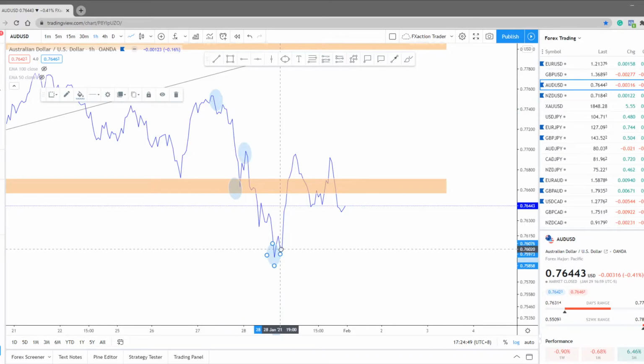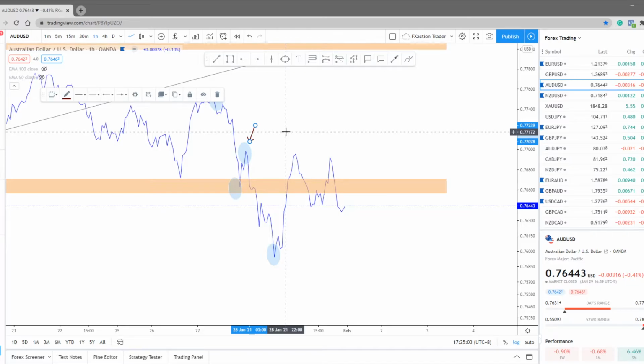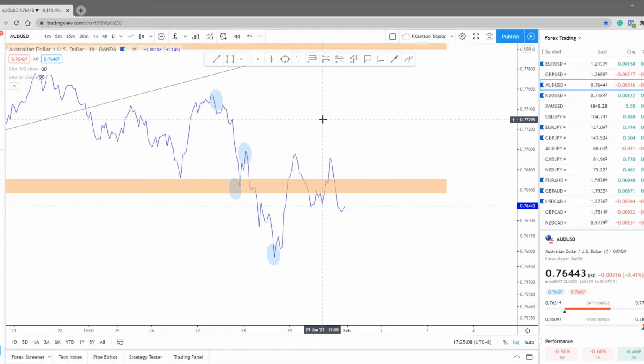We can see that this lower high level has been tested 1, 2, and 3 times, and this level is not able to be broken, which means that the market is still going to be a downtrend instead of an uptrend.